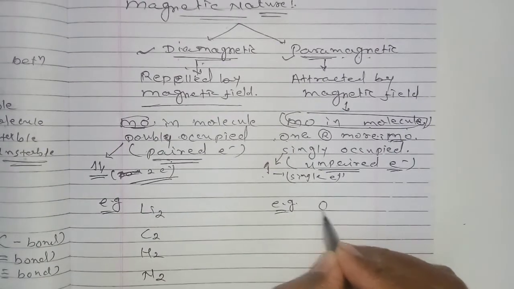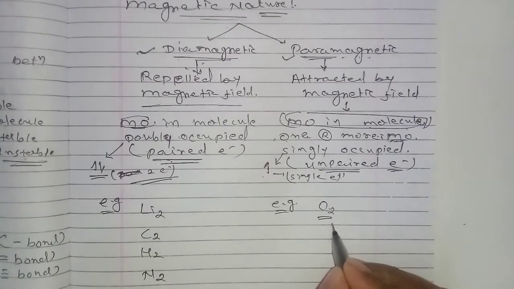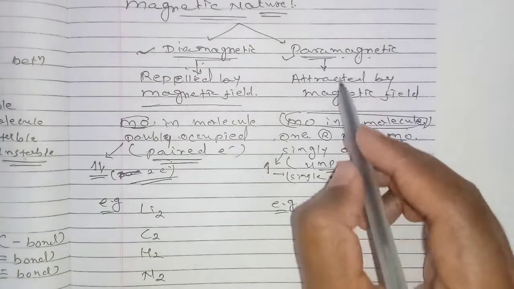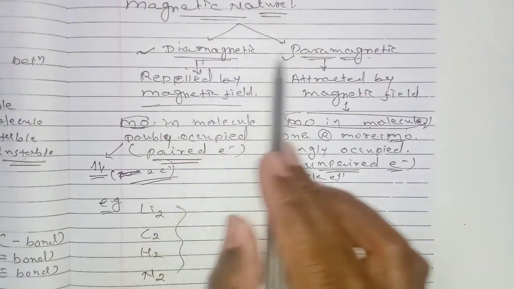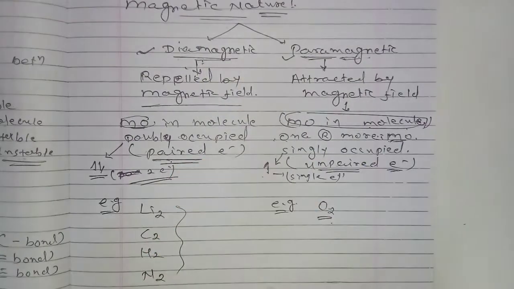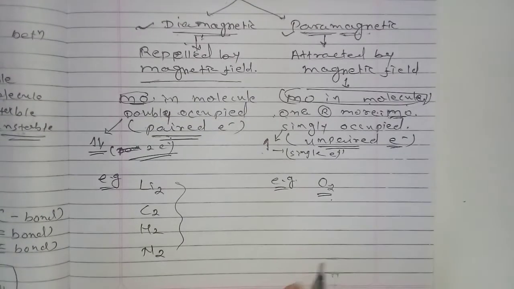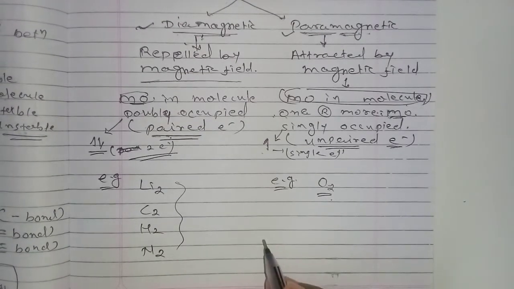The oxygen molecule is paramagnetic in nature. Now let's see how they are diamagnetic or paramagnetic in nature, and whether they are stable or unstable.